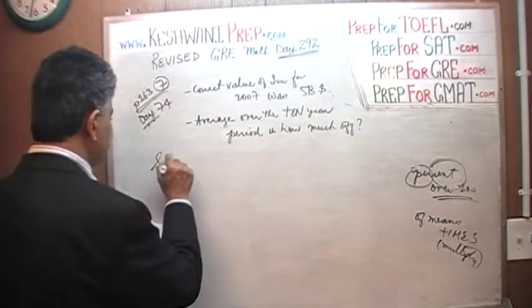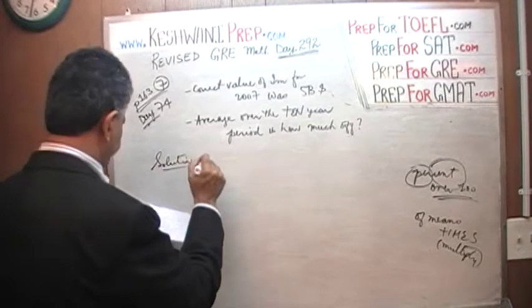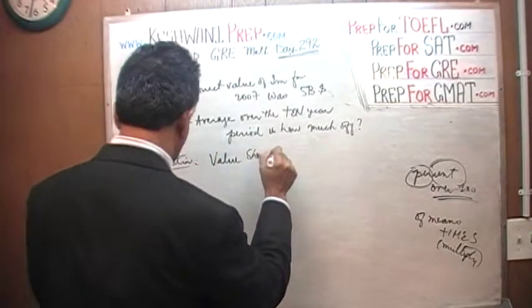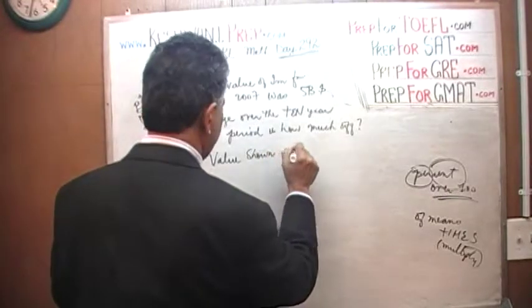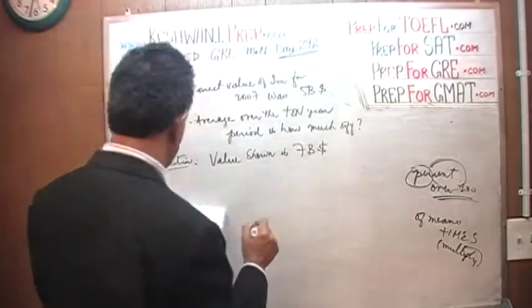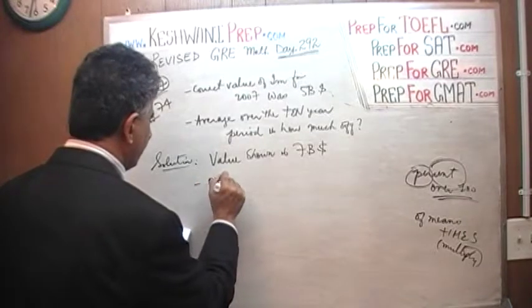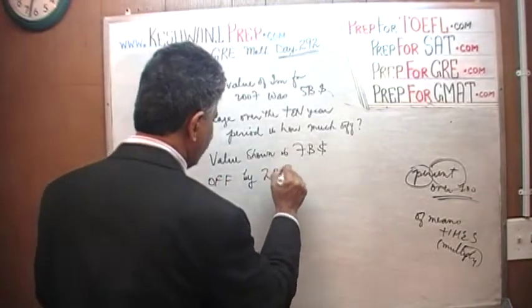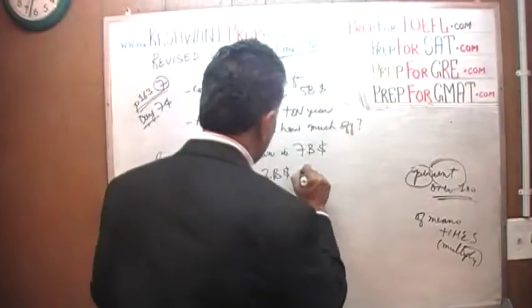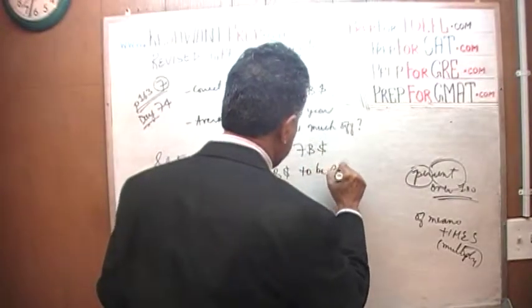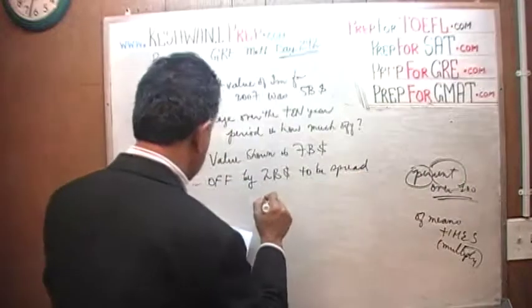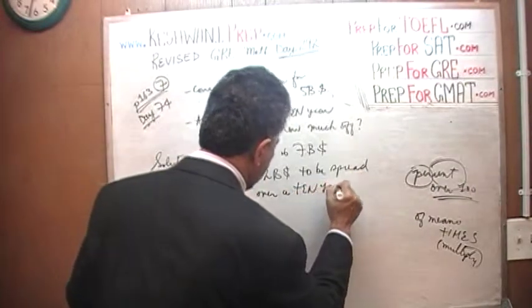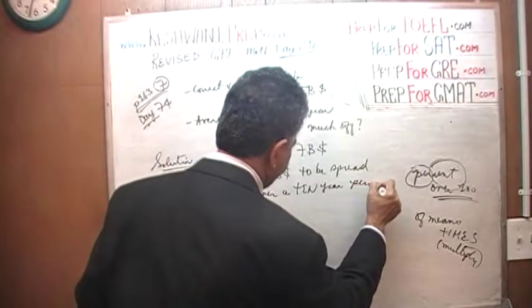So here's the solution. The value shown is $7 billion. We are off by $2 billion to be spread over a 10-year period.